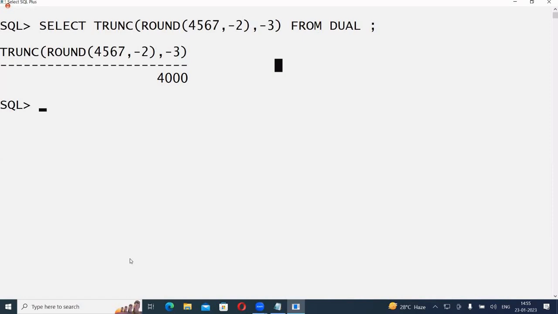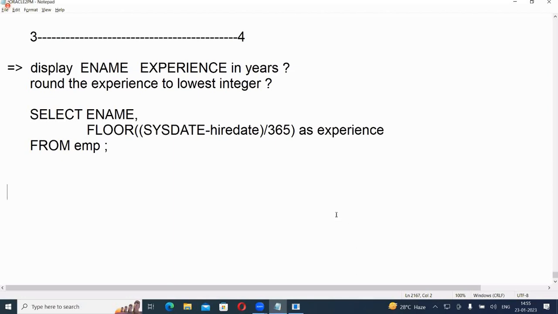Next one, power, calculates power. SQRT calculates the square root. Mod returns the remainder. Next, for rounding the numbers: round, trunc, ceil, floor.